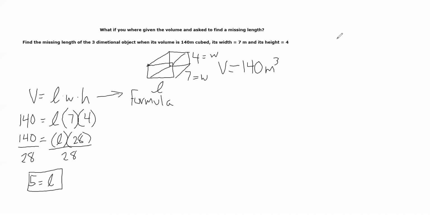This is still considered a volume problem because you're going to be using the volume formula, but you're not looking for volume. So we start here, and if you notice, I just plugged in 140 instead of V. I don't know what L is, so I just left it as L. I plugged in 7 for W, and I plugged in 4 for H. That's substitution.